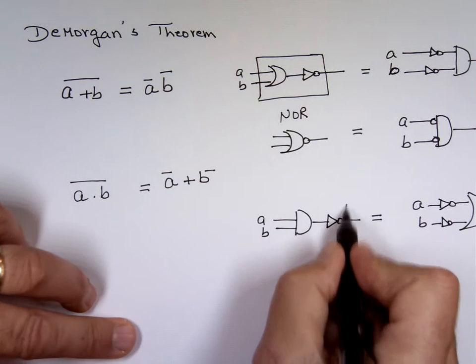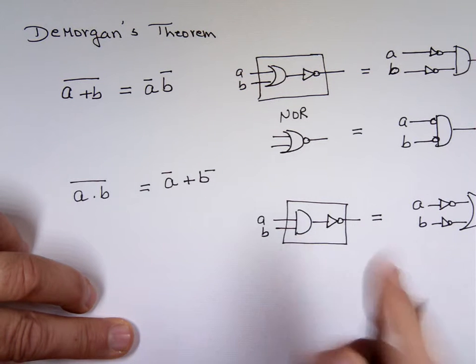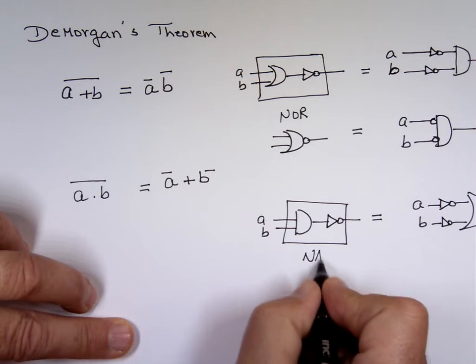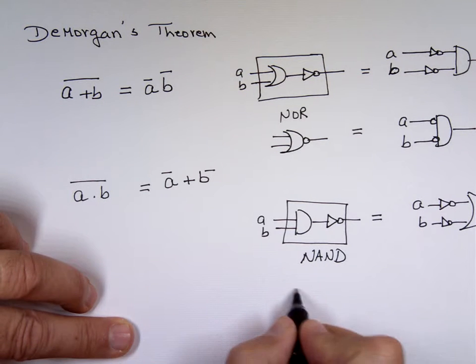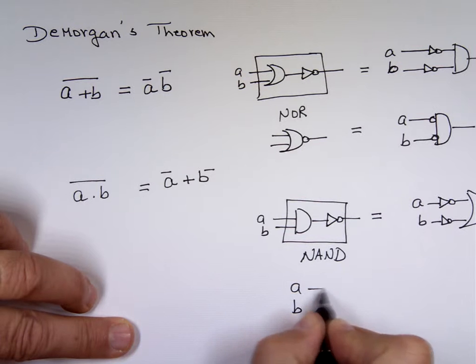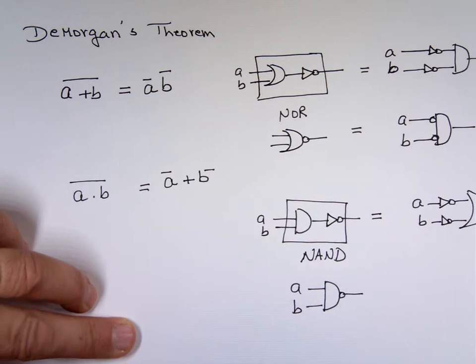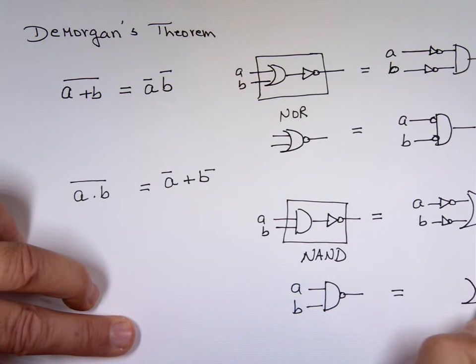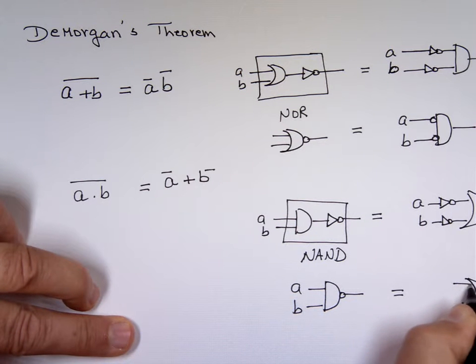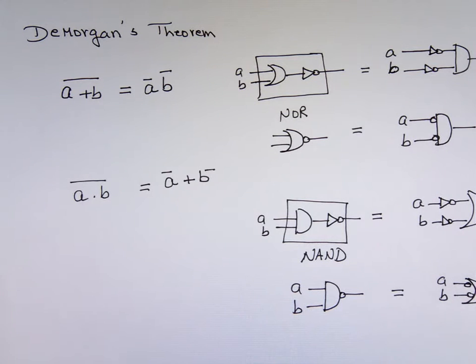And again, we made a new gate, an AND with the knot, which means NAND. So a NAND gate will look like this, and that's equal to an OR gate with both inputs complemented. When you see that circle again, that's both inputs complemented.